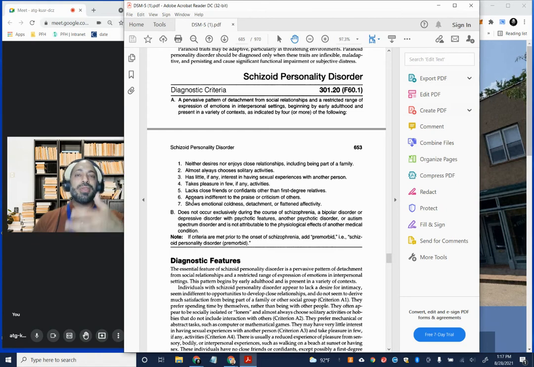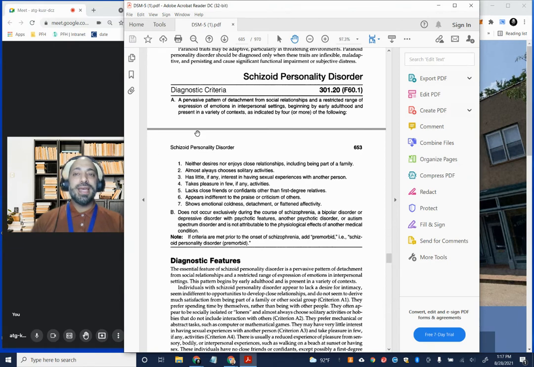What they're wearing on their face is indifference to praise or criticism. Number seven, shows emotional coldness, detachment, or a flattened affectivity. The emotion might be there, but the way they're showing that emotion might be cold, detached, not very present, not very easy to read.